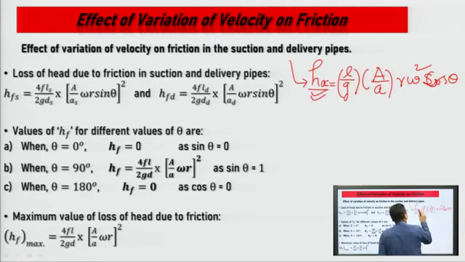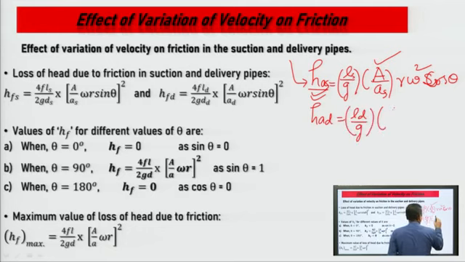If this is the suction pipe, the length becomes L_S and the area becomes the suction pipe area, because this is constant. If this is H_AD, it becomes L_D upon g, a upon area of the delivery pipe, R omega square cos theta.